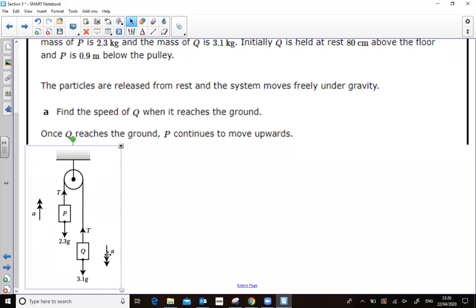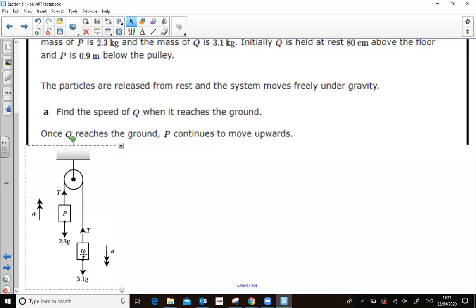So now we can see the arrows for the acceleration. Q is moving downwards, so the acceleration for Q is pointing downwards. P will be pulled upwards, so the acceleration will be going upwards.